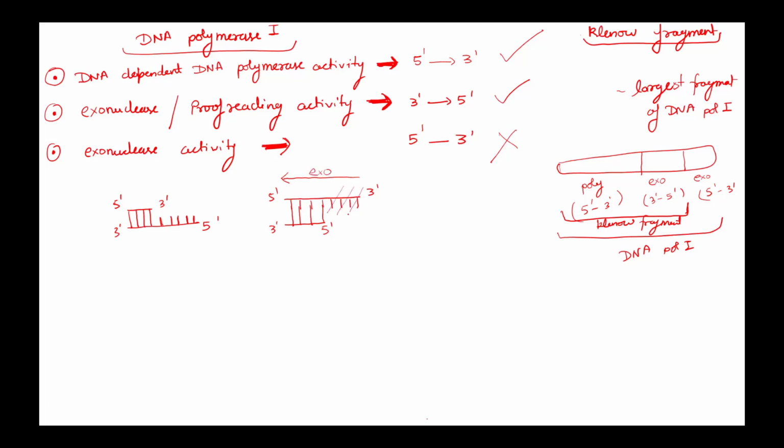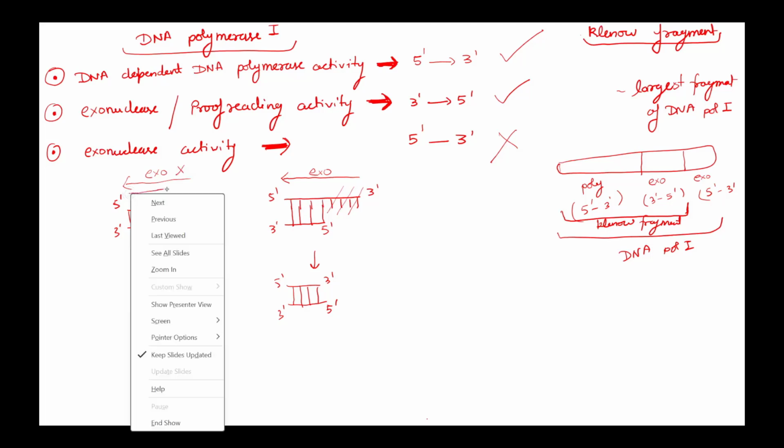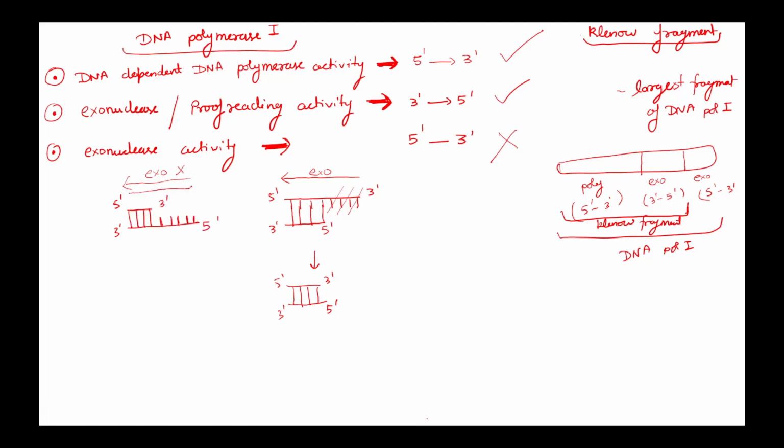So it will chop off this 3 prime overhang and make it blunt, something like this. And on this sequence, the 3 prime to 5 prime exonuclease activity cannot be performed, but the 5 prime to 3 prime polymerase activity can be performed.